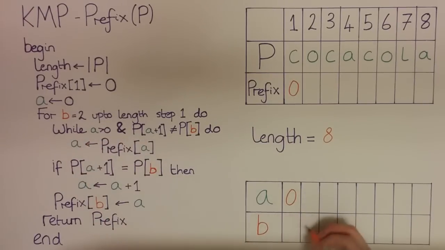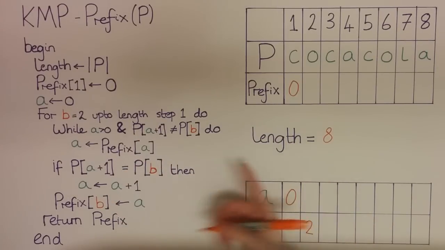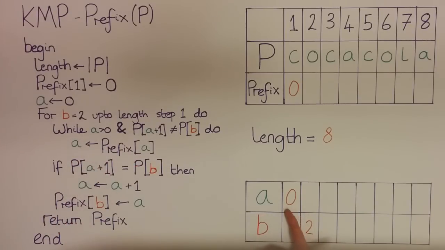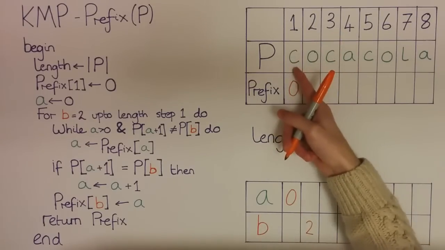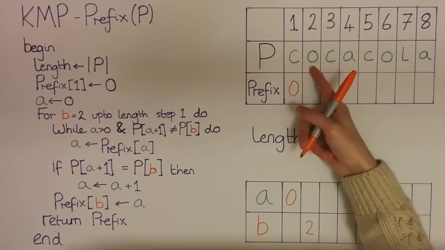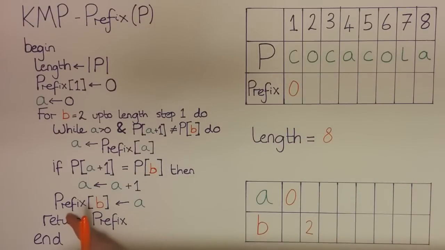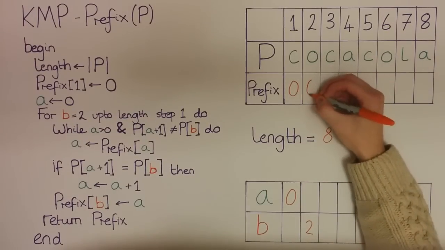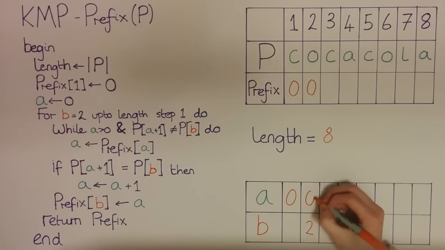For b equals 2 up to length, which is 8, step 1, do: while a is greater than 0, which in this case it's not, so if p of 1 is equal to p of 2, which it's not, as p of 1 is a C and p of 2 is an O, so we skip to prefix of b is set to a. Prefix of 2 is set to a, which is 0.